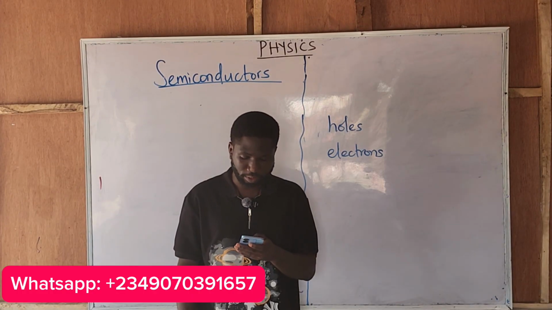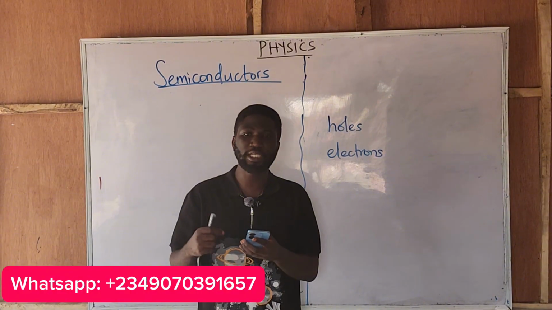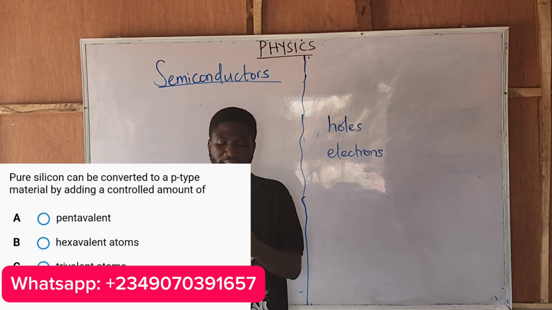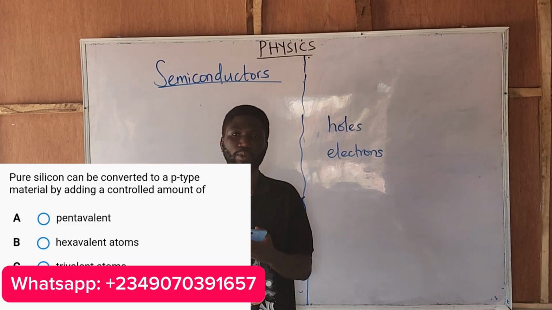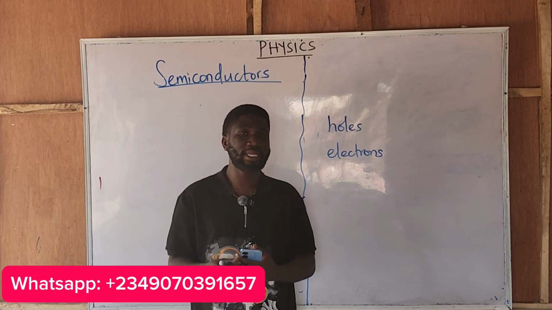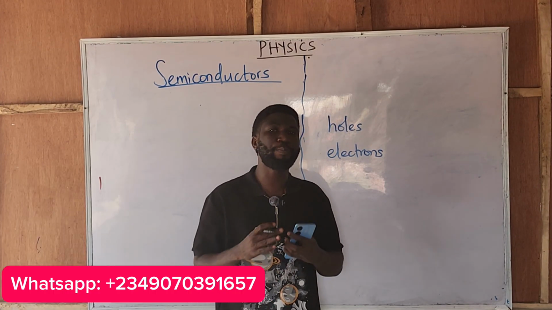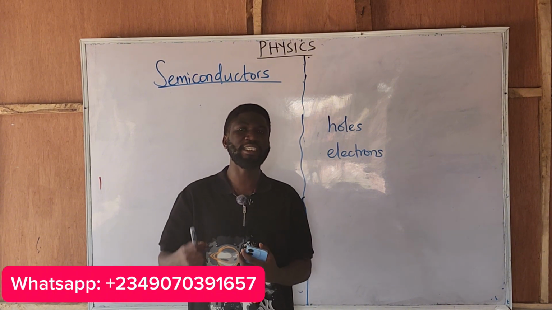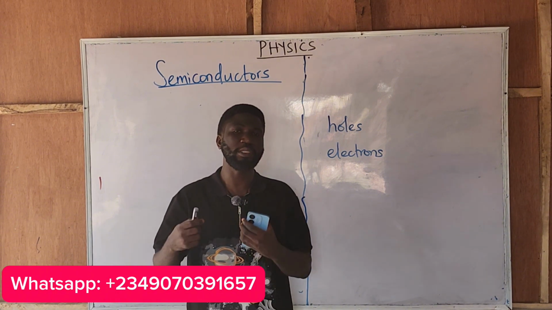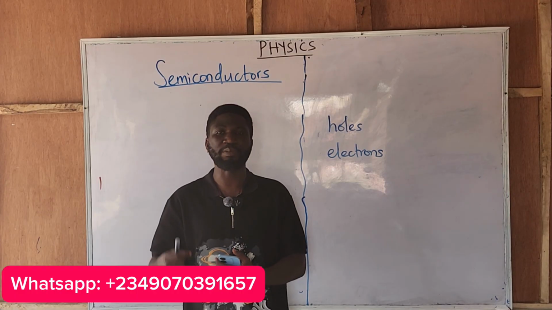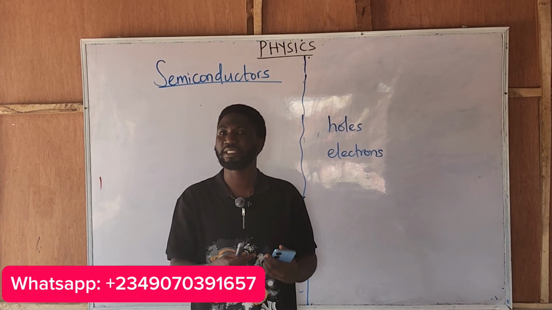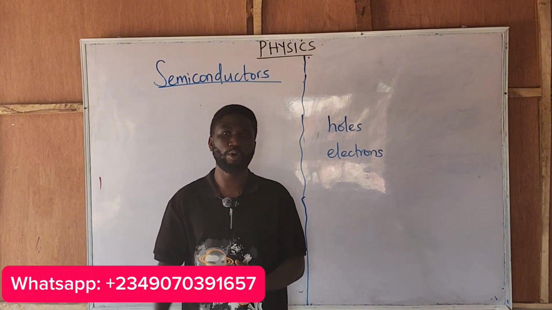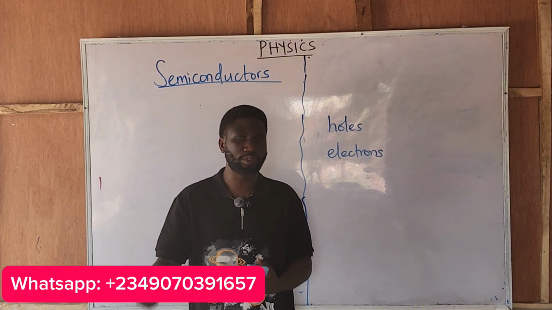Alright, so the next question says, pure silicon can be converted to a p-type material by adding a controlled amount of dash. So like I said earlier, if we have a pure semiconductor and we add an impurity to it, it becomes an impure semiconductor, which could be a p-type semiconductor or an n-type semiconductor.